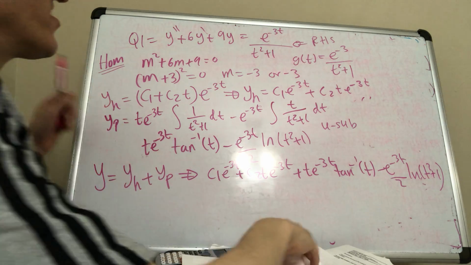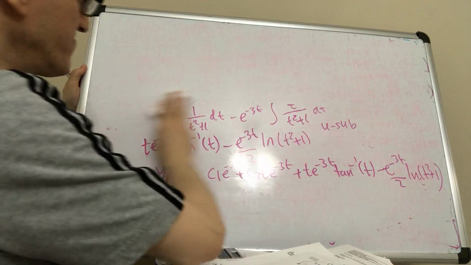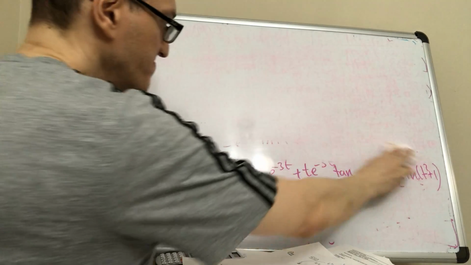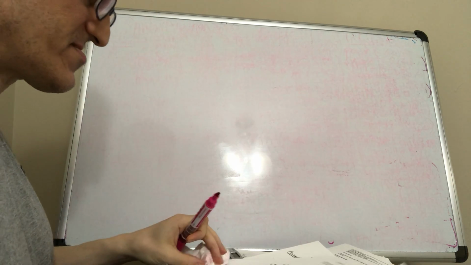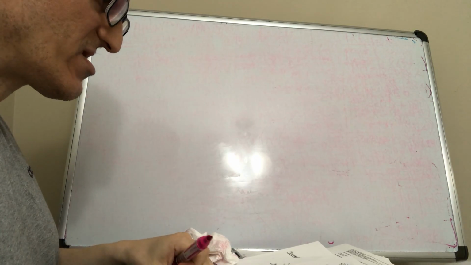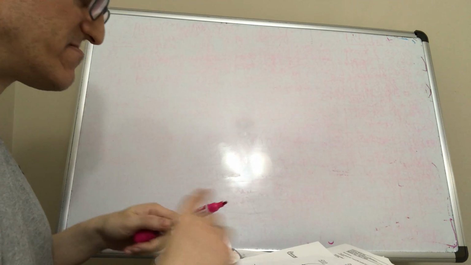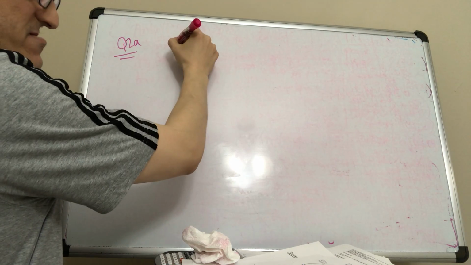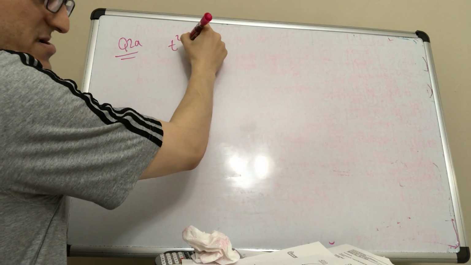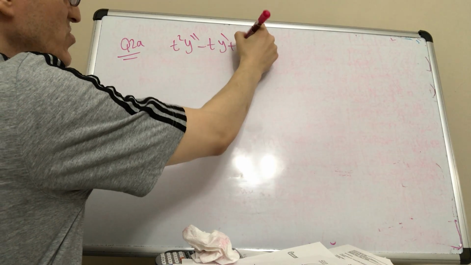Now, the other questions you got, question 2a: t squared y double prime minus t y prime plus y equals 0.